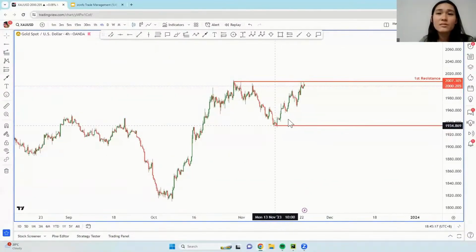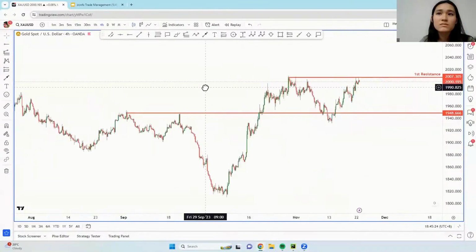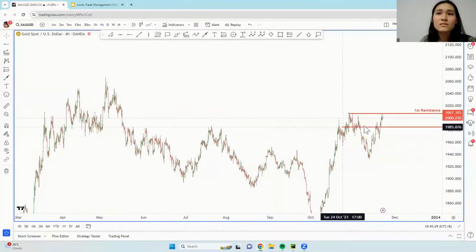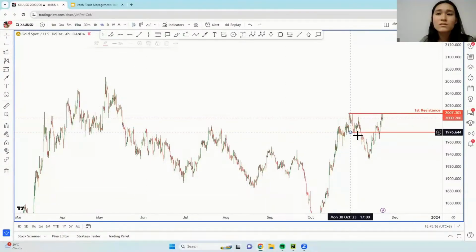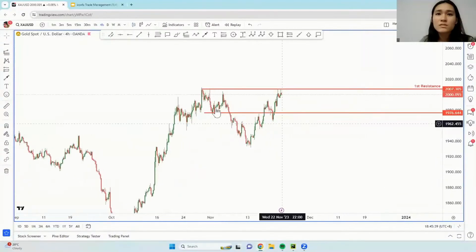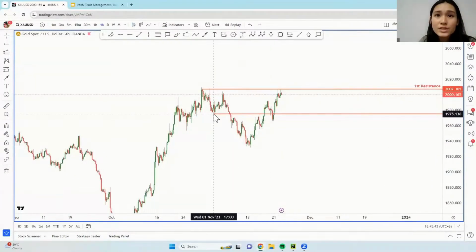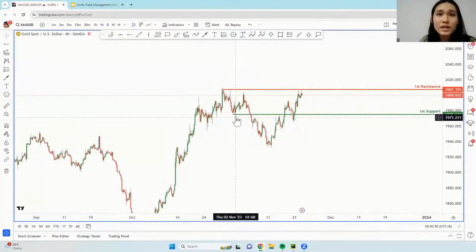And then okay, I think I will place my first support over here. Okay, so this is an overlap level as well. We have a swing low here and a swing high here that line up.